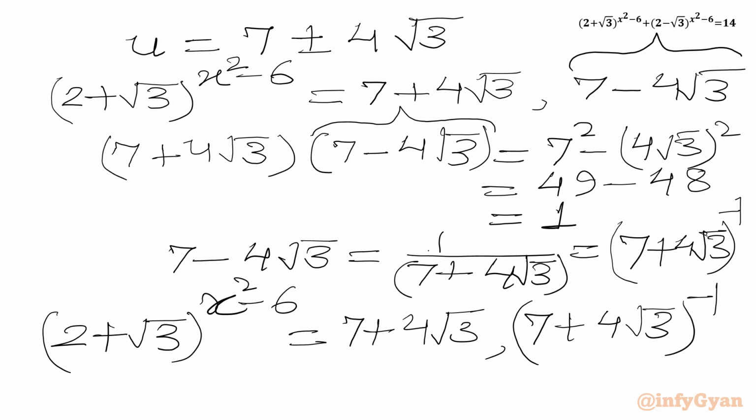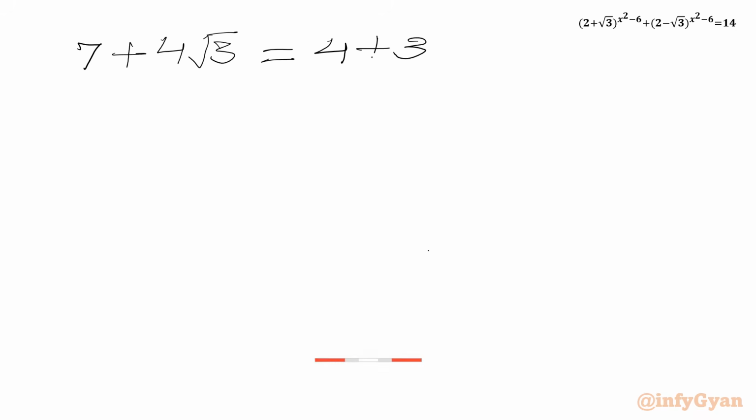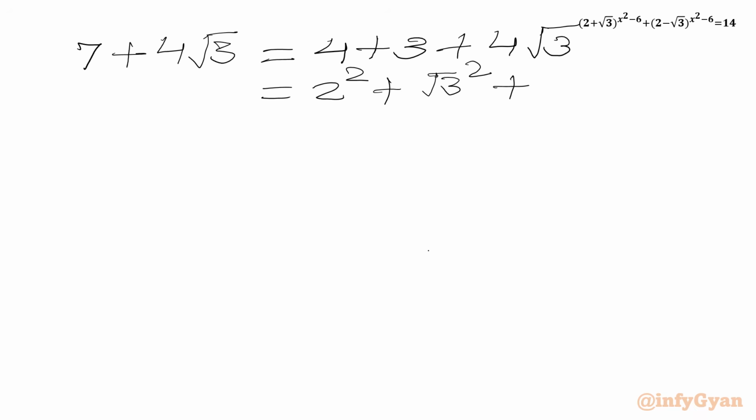Now we will find 7 plus 4 root 3 in terms of 2 plus square root 3. So I will write here 7 plus 4 root 3 can be written as 4 plus 3 plus 4 times root 3. 4 is 2 square. 3 is root 3 square. 4 can be factorized as 2 times 2 times square root 3.